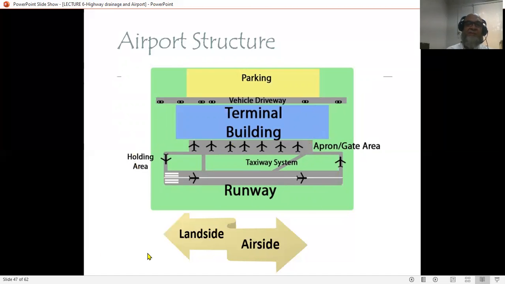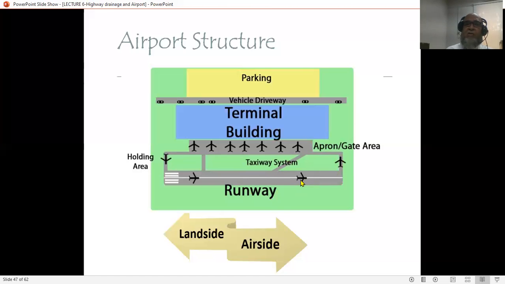Now vice versa. You have come from another airport, from another place, you have landed, and the aircraft will take you to the terminal building. How? Again, by using the taxiway. The taxiway has different configurations. This is a right angle exit taxiway. This is an acute angle taxiway that we will discuss.